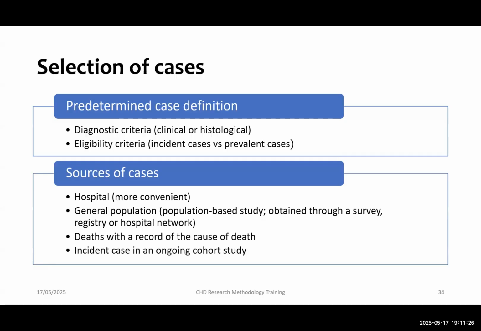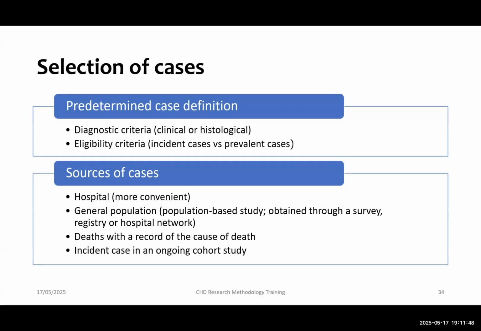Then you can get cases too from when a cohort study is being conducted. We haven't talked about a cohort study yet. You're following them up in time to see those who have developed the disease. So as you follow them and someone develops cancer of the lungs, that person becomes a case, and then you get a control for that person.